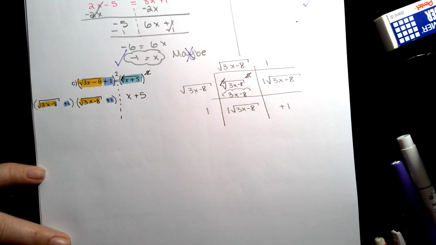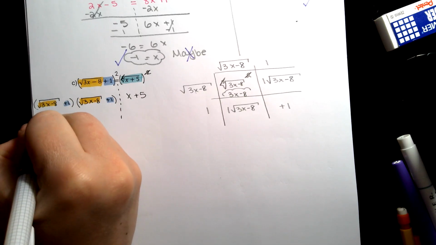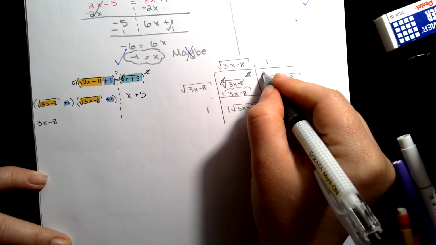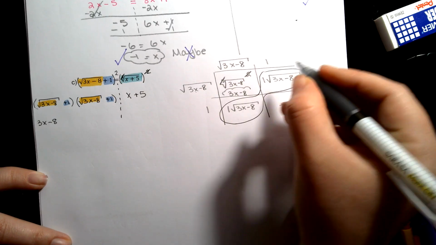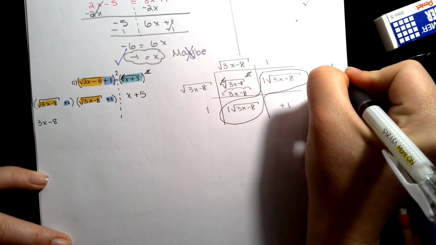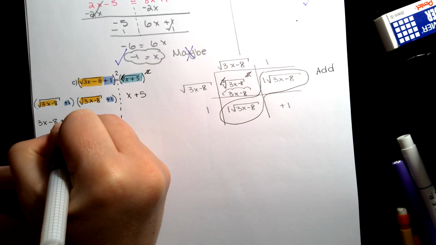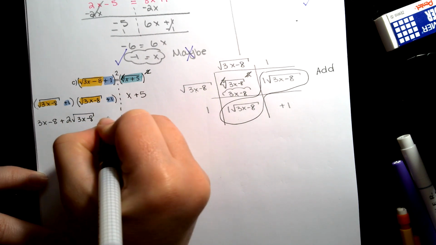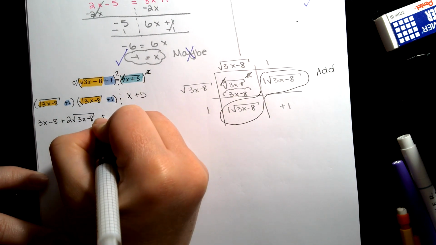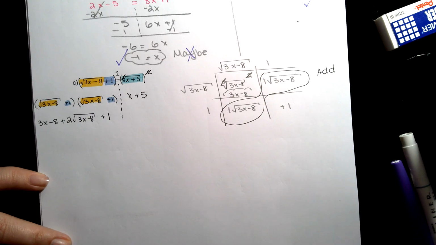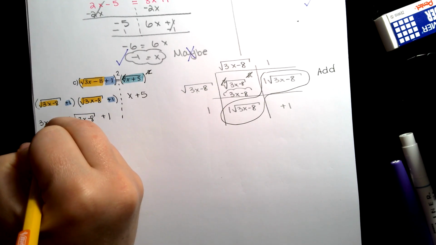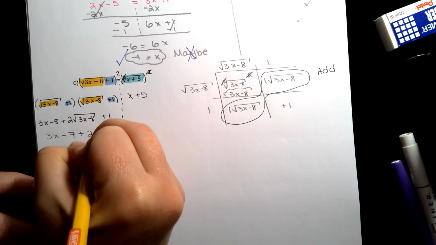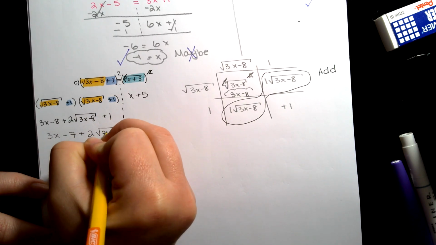So here on our left-hand side, we are left with 3x minus 8. I'm going to add these together, which gives me a positive 2 square root of 3x minus 8. And then here we have this plus 1. Combining like terms, I have 3x minus 7 plus 2 square root of 3x minus 8.